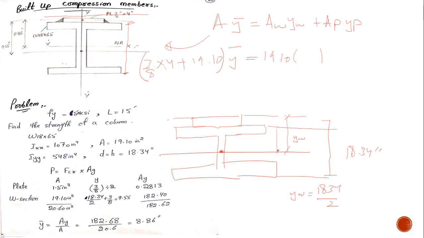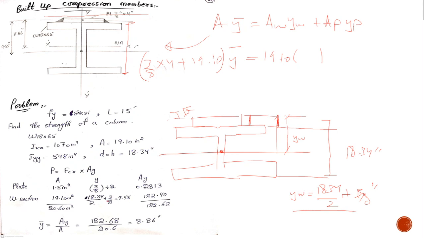So 18.34 divided by 2, plus this plate, because I have selected the top fiber. Now the width of this is 3 by 8 inches. So this would be the YW value.